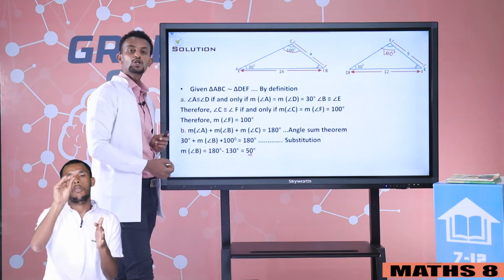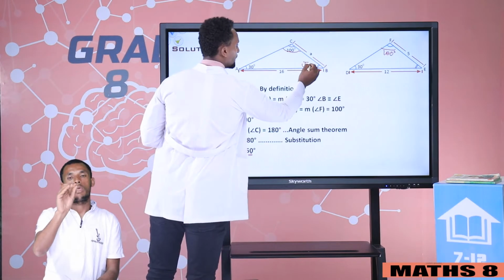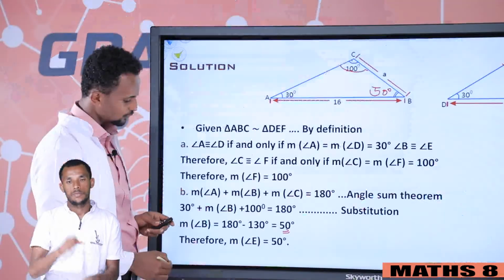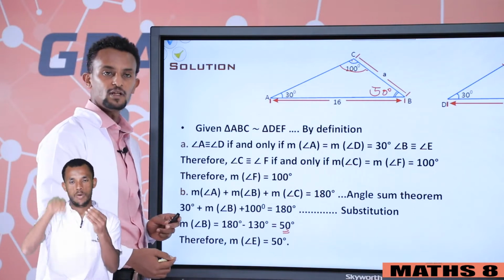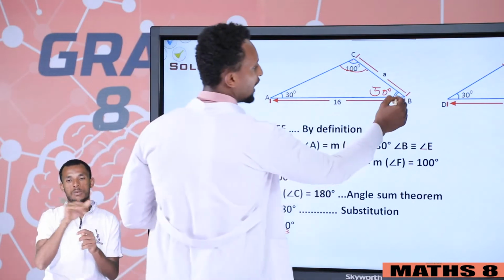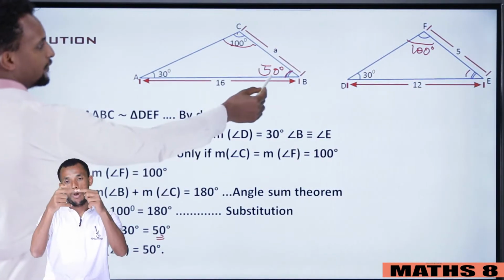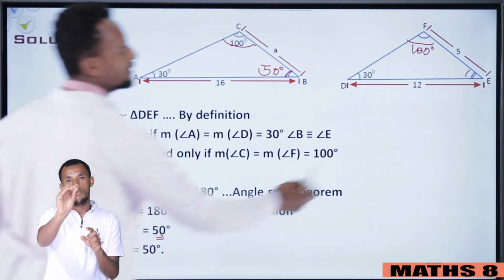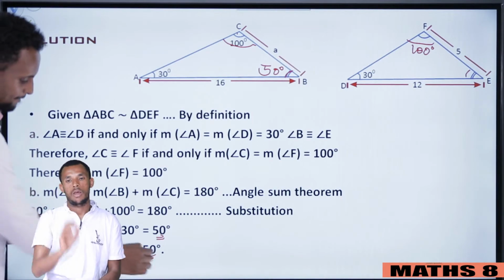That means the measure of angle B is equal to 50 degrees. So therefore the measure of angle E is also 50 degrees, because these two triangles are similar, therefore angle B and angle E are congruent. Therefore, if angle B is 50 degrees, then angle E is also 50 degrees.